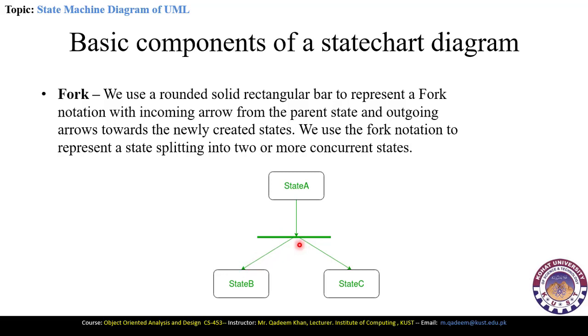So the fork is represented by a rounded solid rectangle, and it represents the outgoing arrows towards the newly created states from the old one. This is the first or initial state. Then we have two or more states, so there will be the fork.